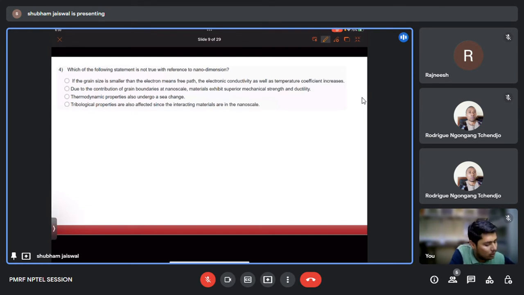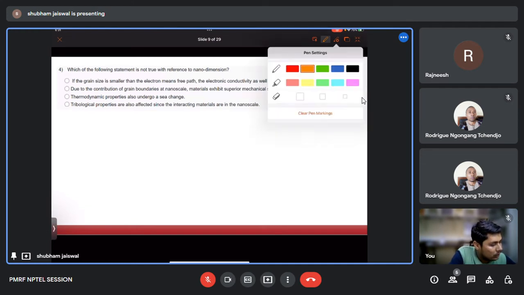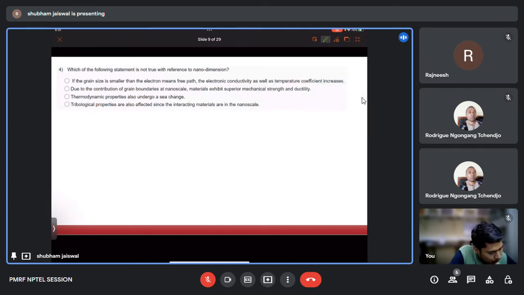Okay, let's see the options one by one. If the grain size is smaller than the electron mean free path, the electronic conductivity as well as the temperature coefficient increases. We have not seen this one, so we will not mark anything. Then, due to the contribution of grain boundaries at nanoscale, the material exhibits superior mechanical strength and ductility. Yes, this one is true.